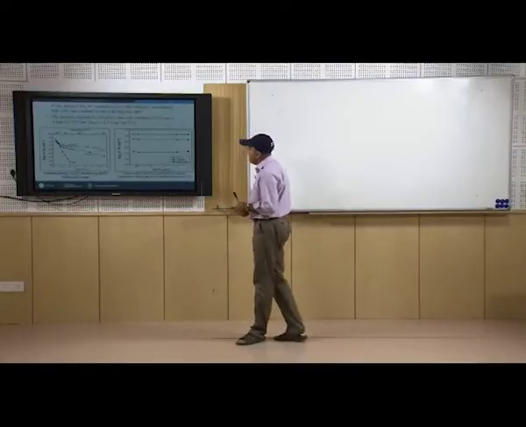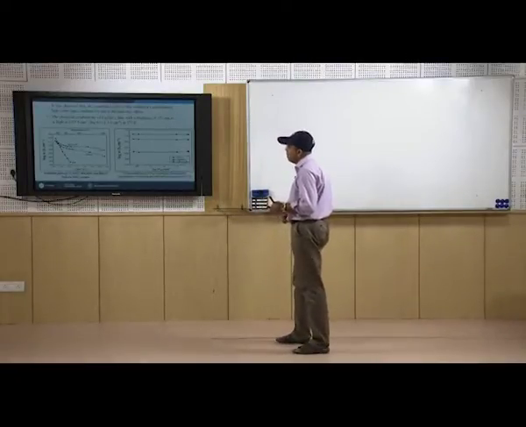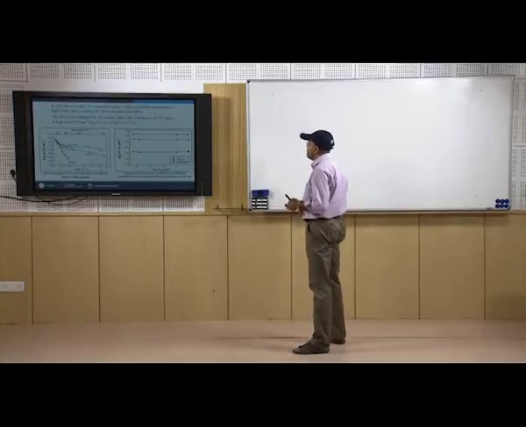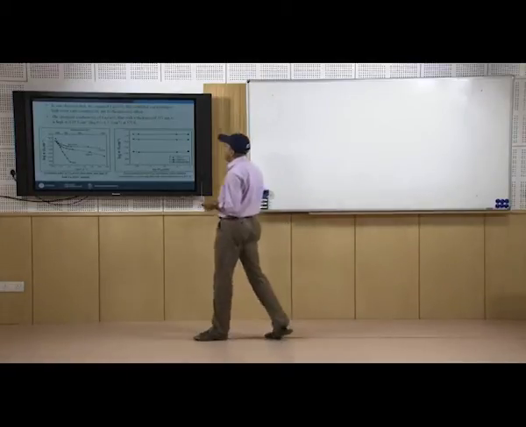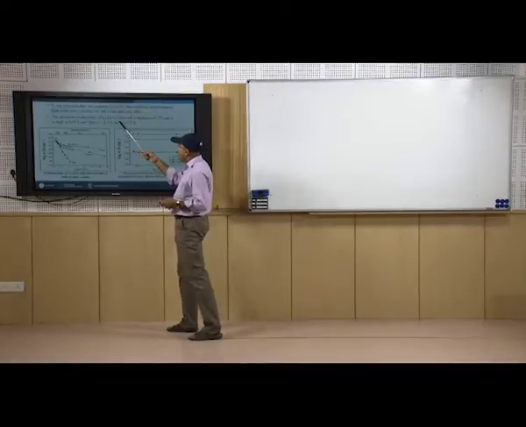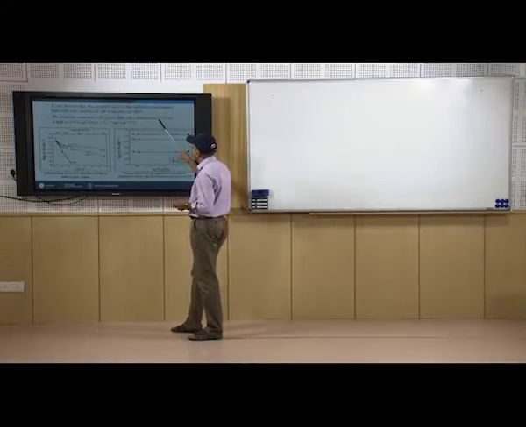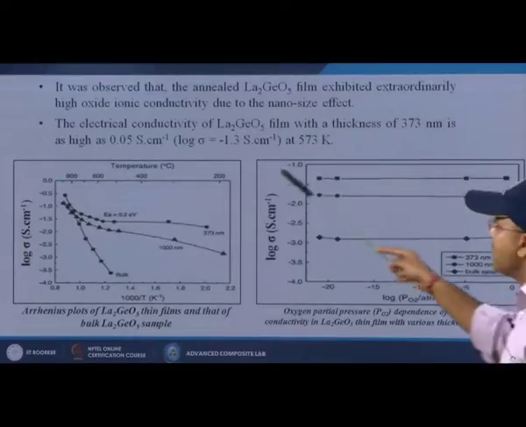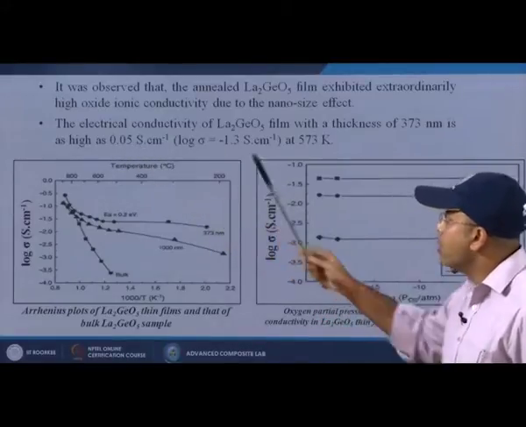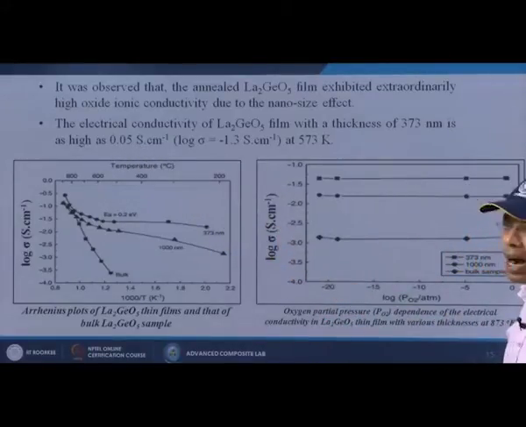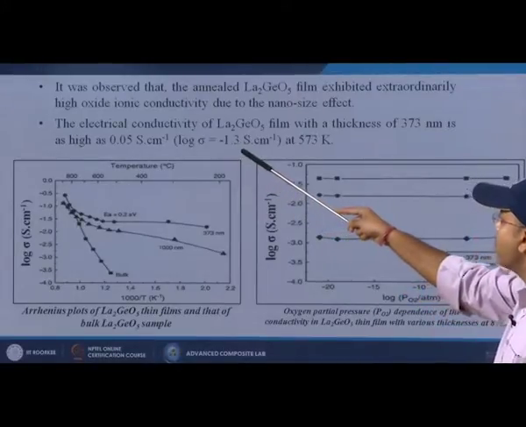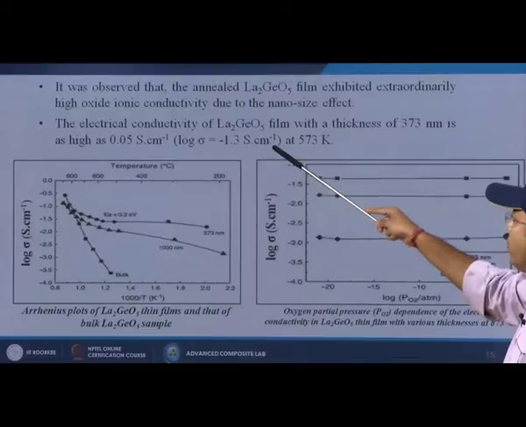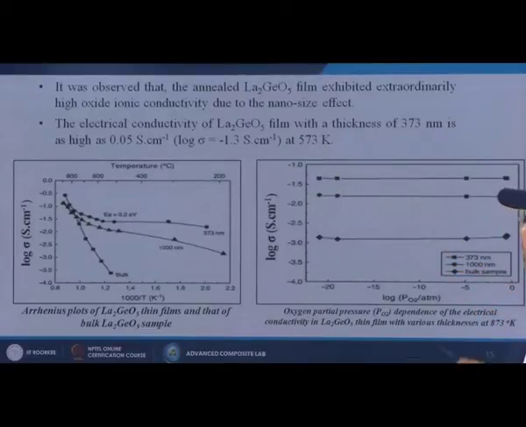It was observed that the annealed lanthanum germanium pentaoxide films exhibited extraordinarily high oxide ionic conductivity due to the nano size effect. The electrical conductivity of the lanthanum germanium pentaoxide film with a thickness of 373 nanometer is as high as 0.05 Siemens per centimeter.